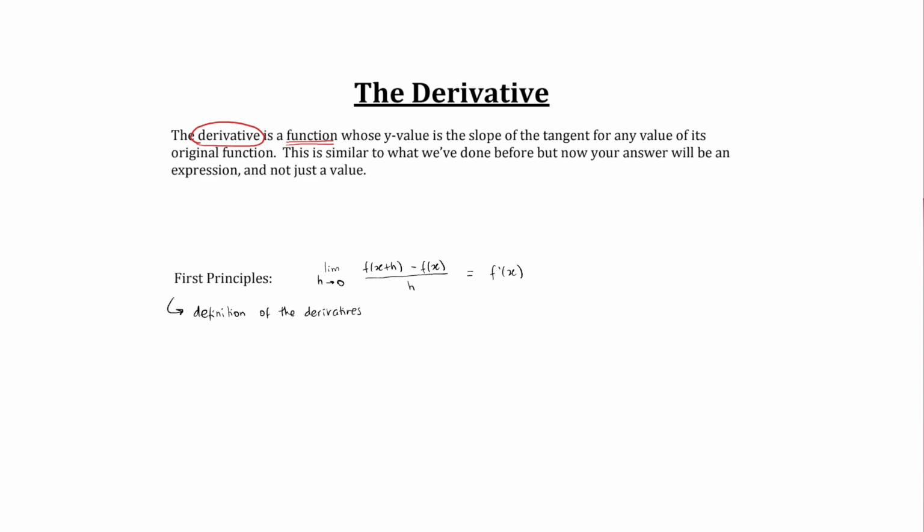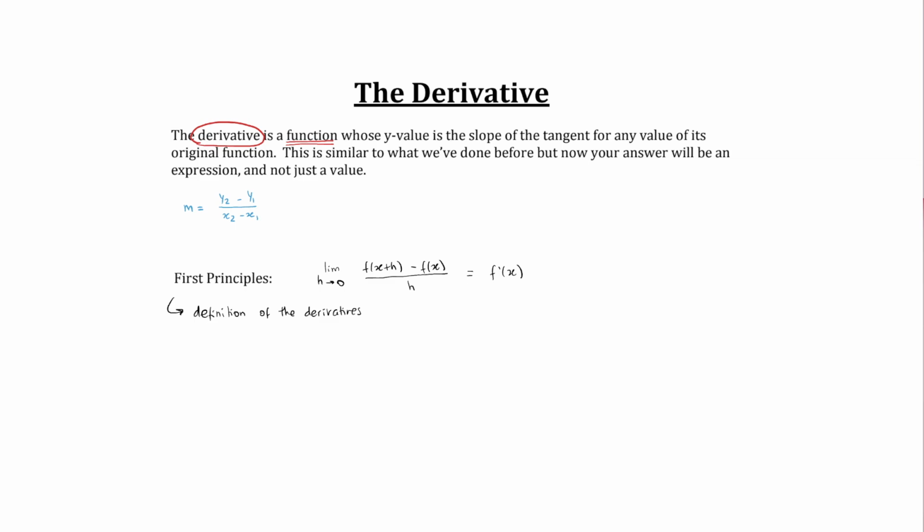So where is this coming from? Again, this goes back to the definition that we learned in Unit 1, right? This goes back to the definition of slope. Previously, we have seen that the formula for the slope is given by y2 minus y1 over x2 minus x1, or the difference in y over the difference in x.